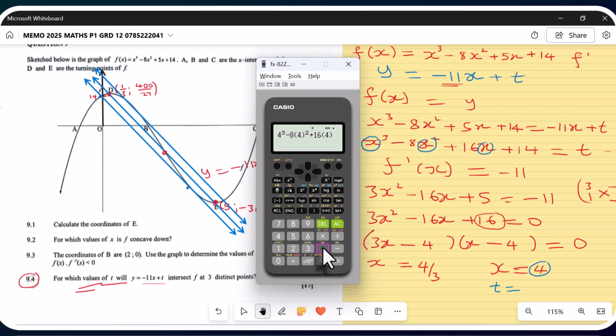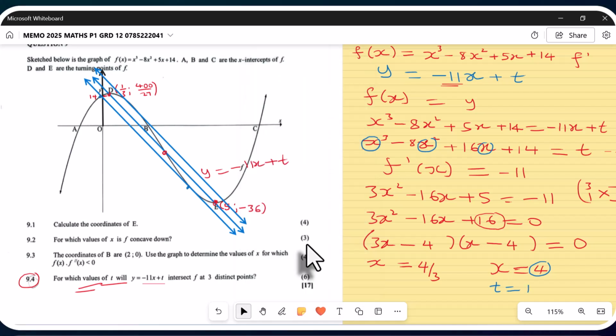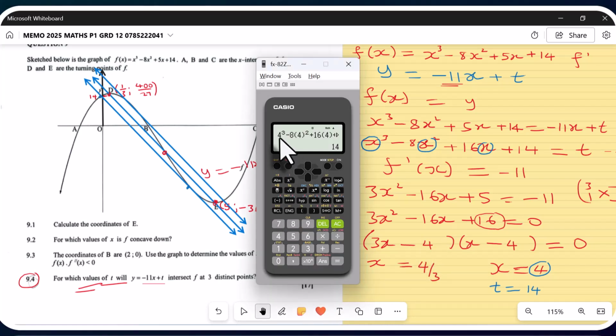It gives me 634 over 27. So t equals 634 over 27. If I press the S-D button, it gives me 23.48. So now our t values are in this range.